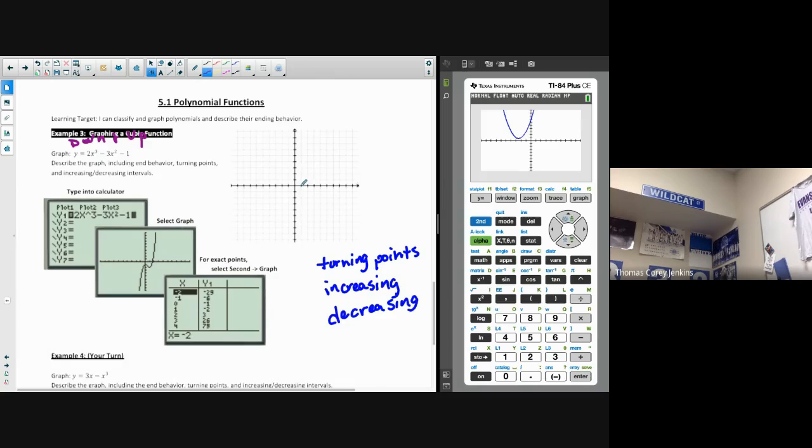I believe this is 10 by 10. So we'll plot -1, -6. We couldn't fit -2, -29. We'll plot 0, -1. We'll plot 1, -2.